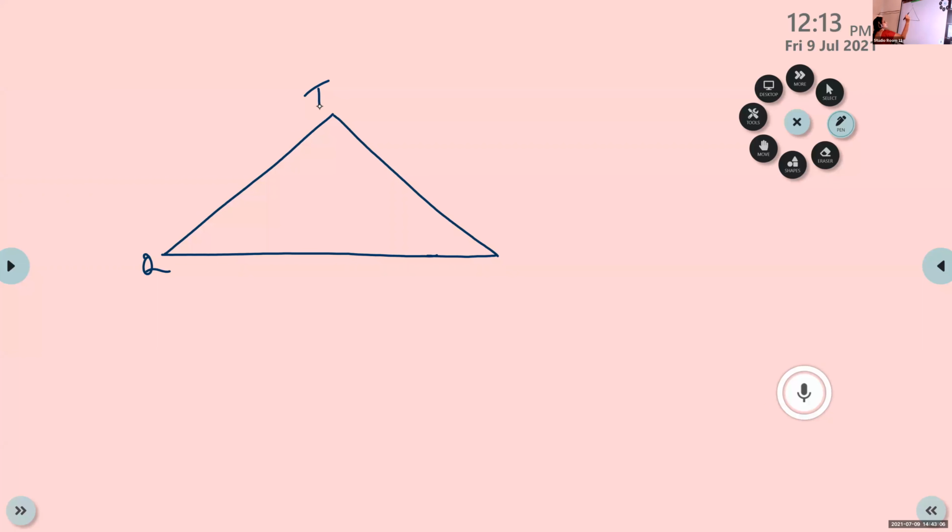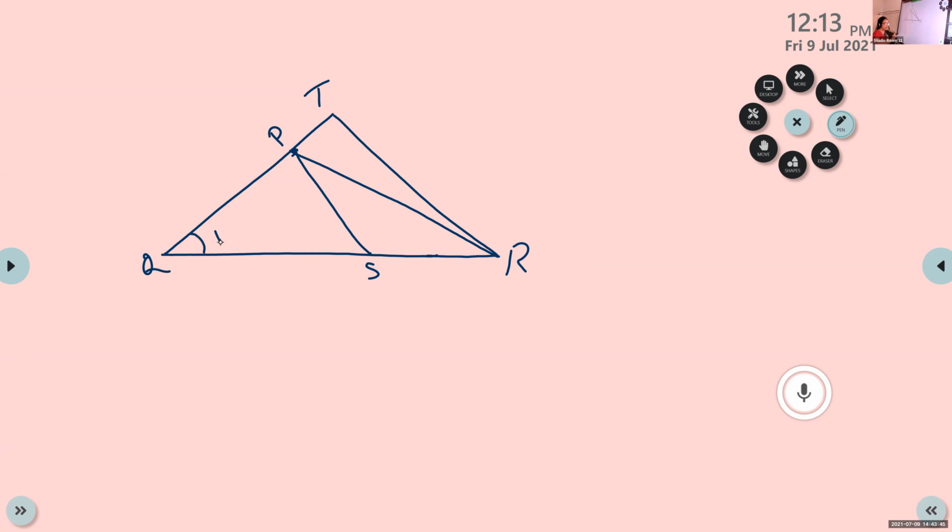Q, T, R. P, S, and P, R. And this is angle 1.